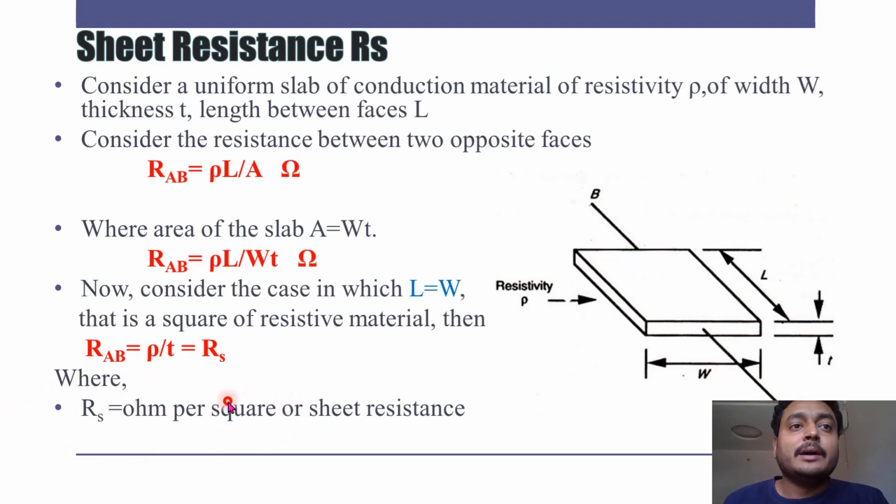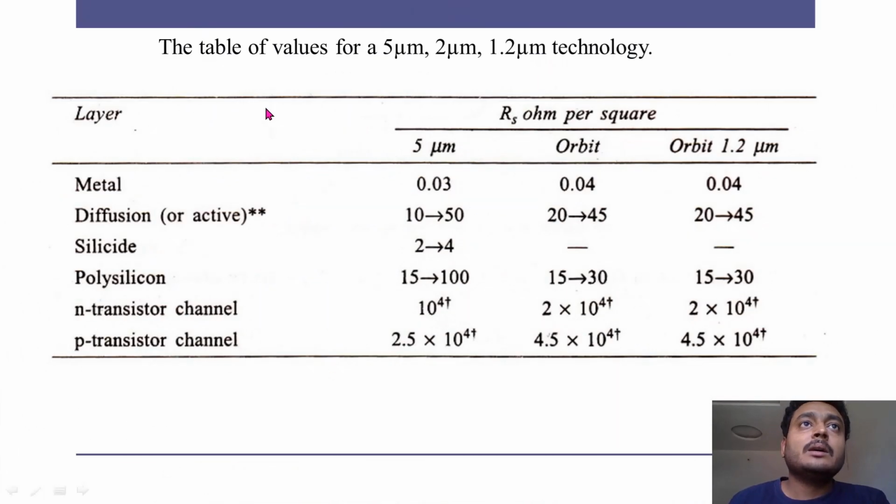The sheet resistance of different materials is shown here. This is a table that shows different technologies: 5 micrometer process, Orbit 2 micrometer, Orbit 1.2 micrometer, for different layers. For the metal layer it is something like 0.03 ohms per square.